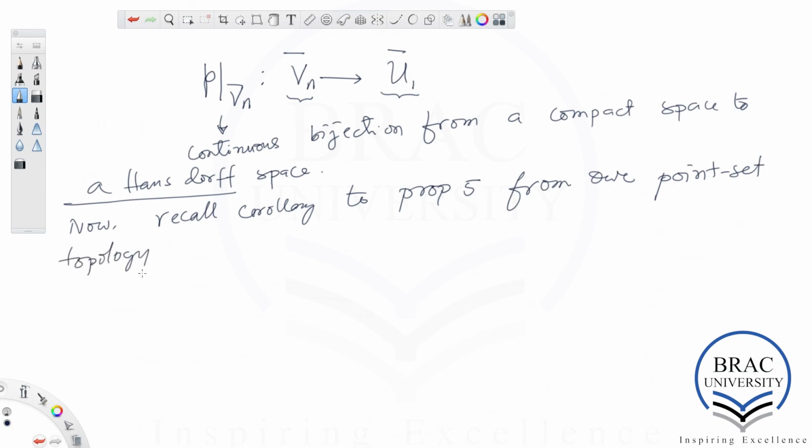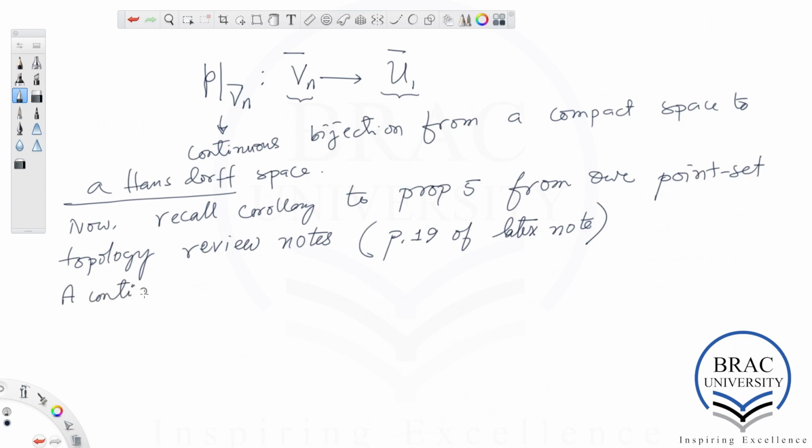Topology review notes. It appears at page 19 of the LaTeX note. That tells us that a continuous bijection from a compact space to a Hausdorff space is a homeomorphism.